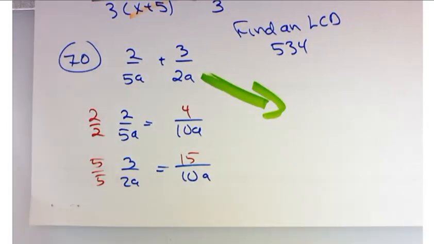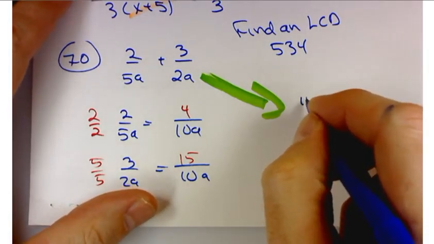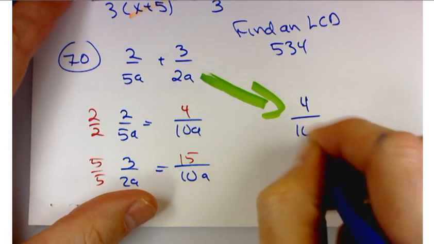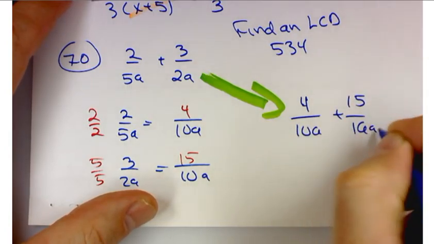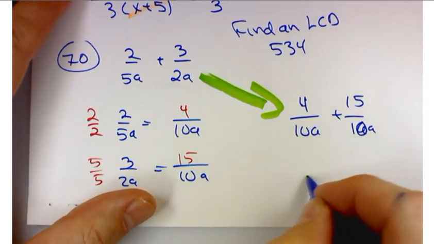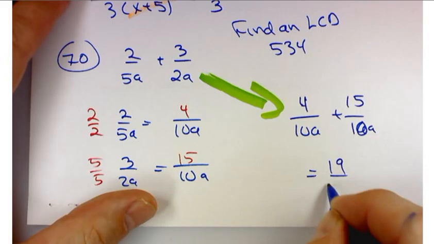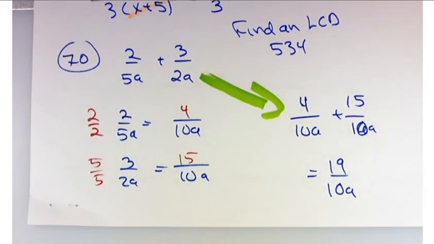This problem can be rewritten equivalently as 4 over 10a plus 15 over 10a. Now that they have common denominators, add the numerators, and I get 19 over 10a.